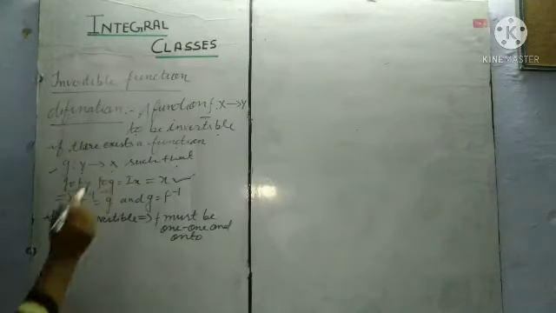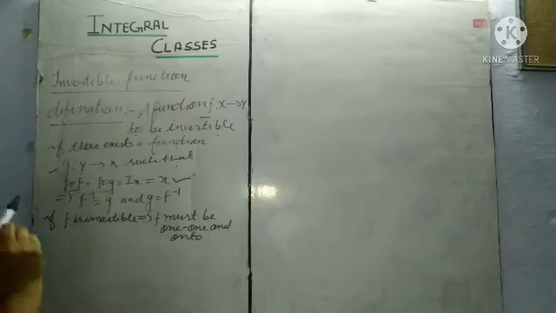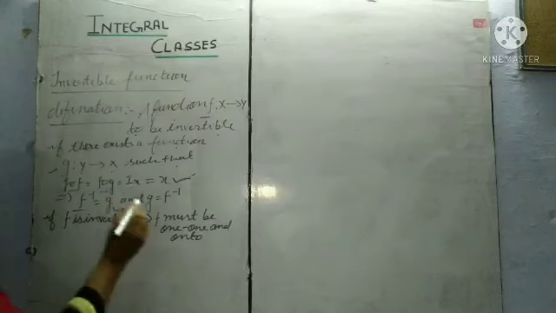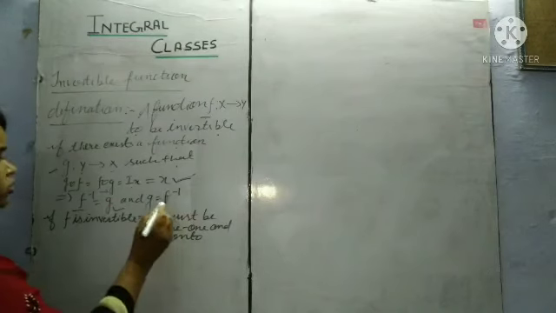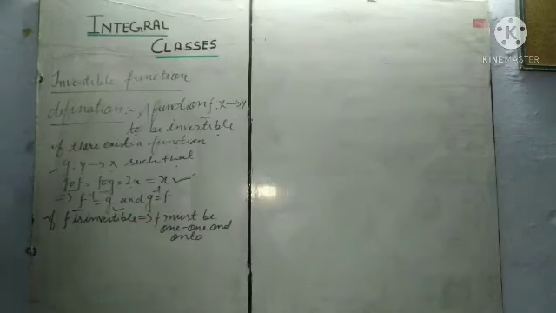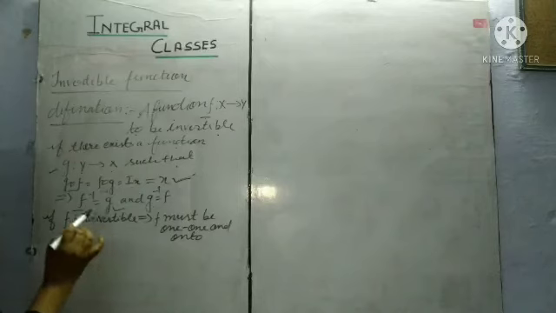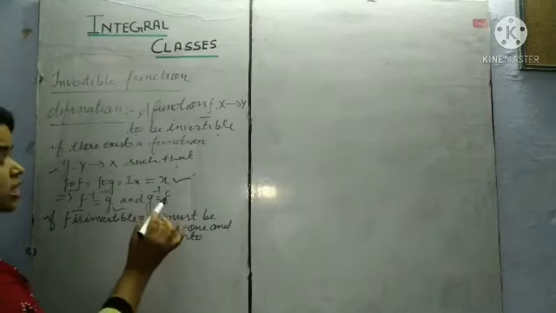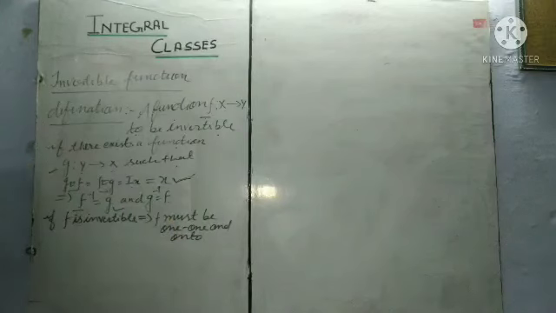This type of function is called invertible, and f inverse is always equal to g, and g inverse is always equal to f. It means f inverse and g are inverse functions of each other. Similarly, g inverse is the inverse function of f.